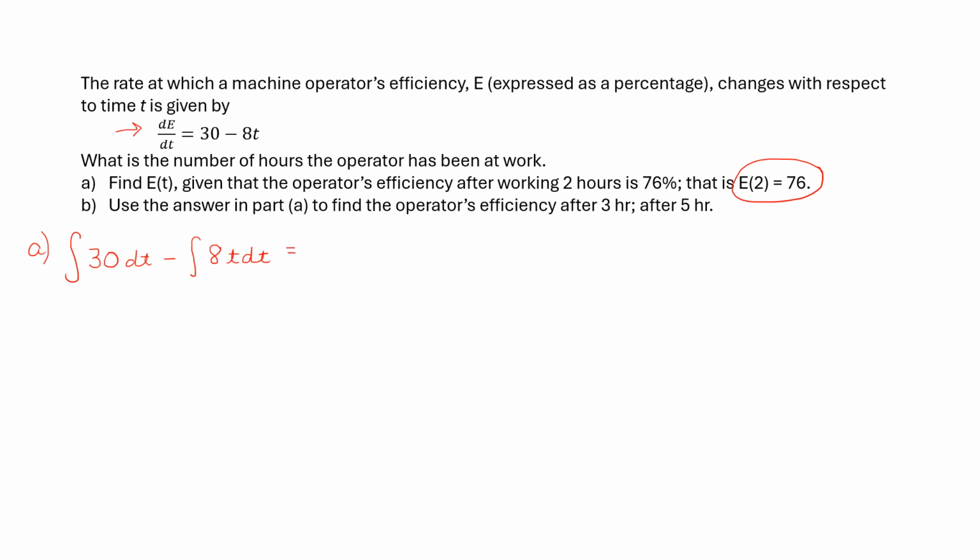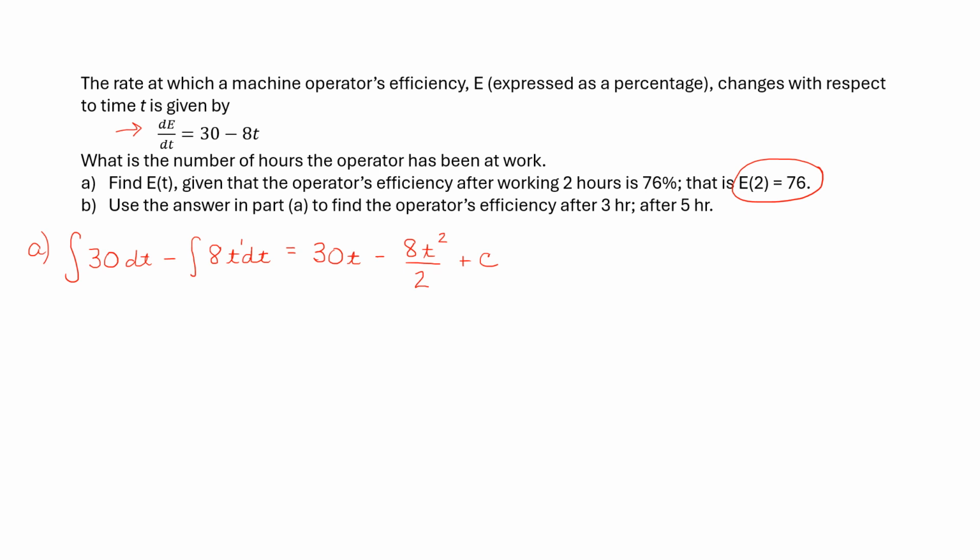So 30 is a constant, and we'll add the t to that. And remembering that there's an unseen 1 on the t, we will be subtracting 8t squared over 2 plus c.